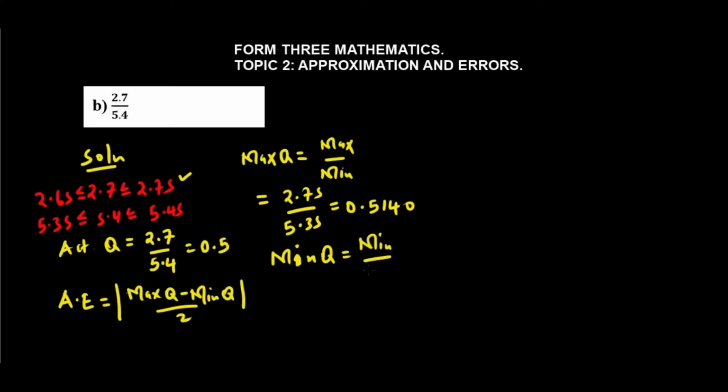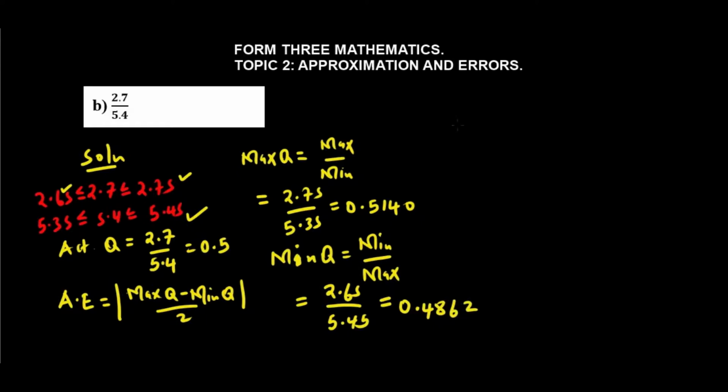Next, we get the minimum quotient, and the minimum quotient is the minimum value of the numerator over the maximum value of the denominator. For this case, we have on the numerator 2.65, that is the minimum value of the numerator, all over the maximum on the denominator, which is 5.45. So when this is worked out, we should be getting 0.4862.